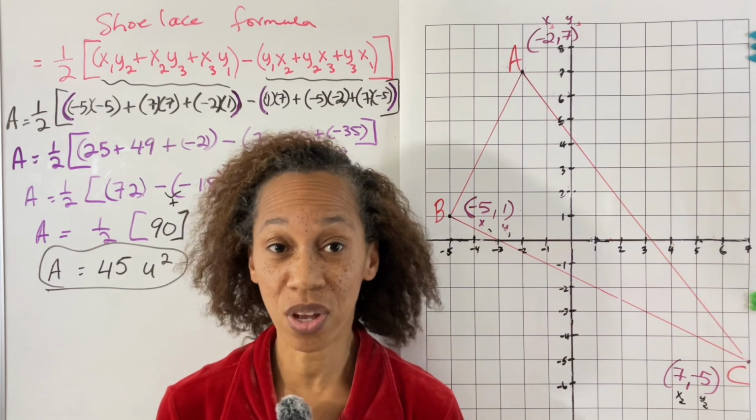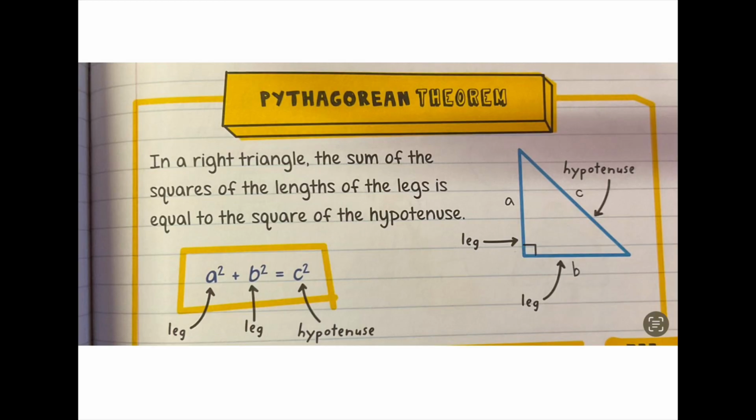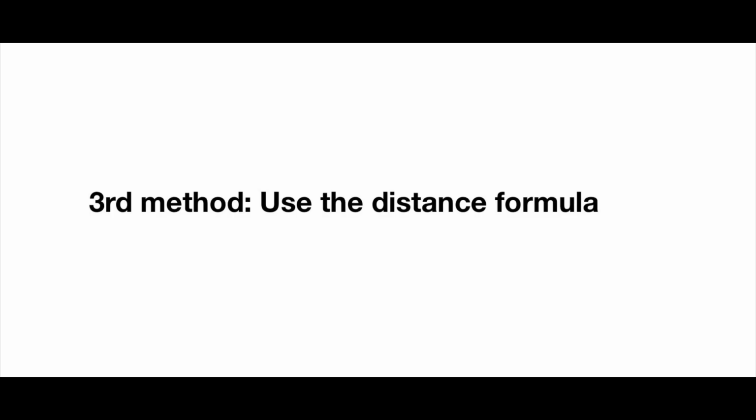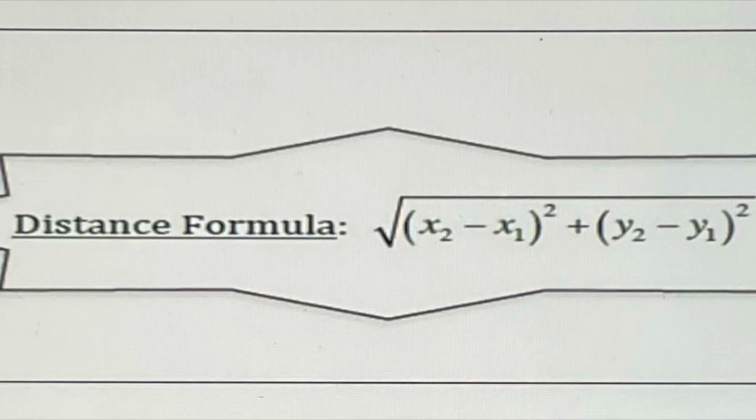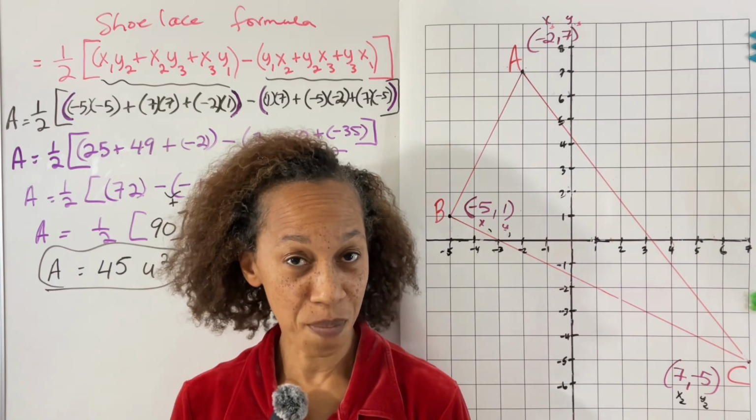The second method was to use the Pythagorean theorem to find 2 of the lengths and then apply the formula for the area of a triangle. The third method was to use the distance formula to find the length of 2 of the segments and then find the area of the triangle. You can also use the shoelace method to find the area of a 4-sided figure. You will simply apply the 4th coordinate to your formula.